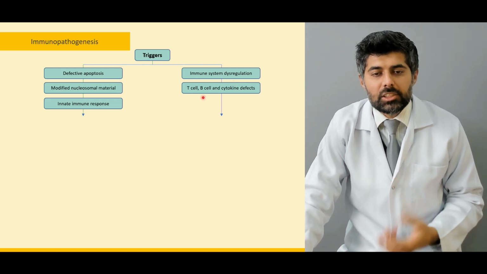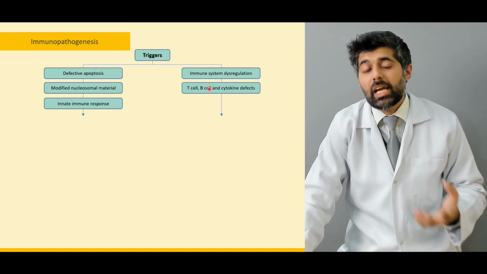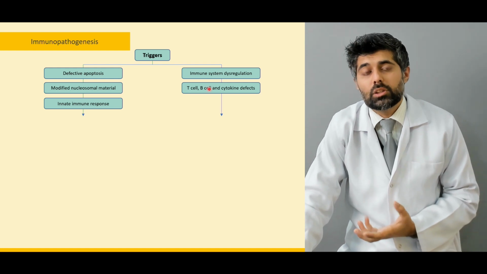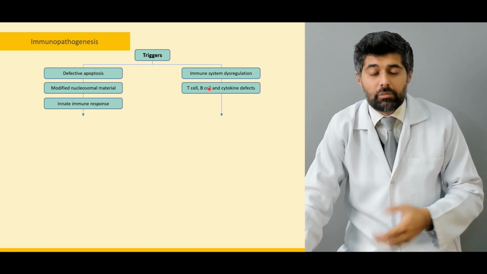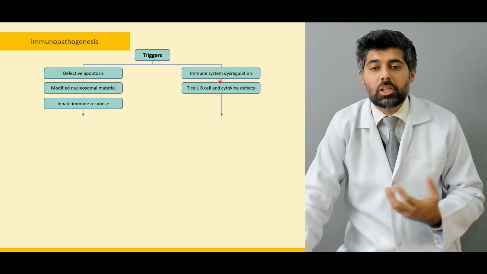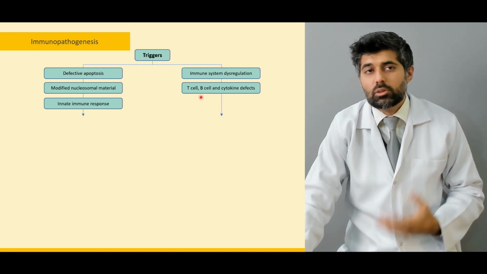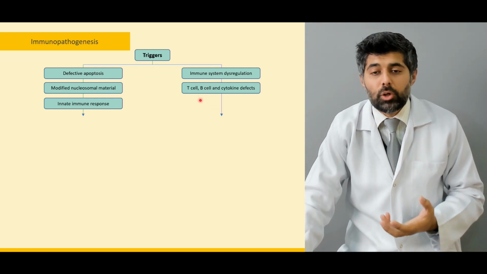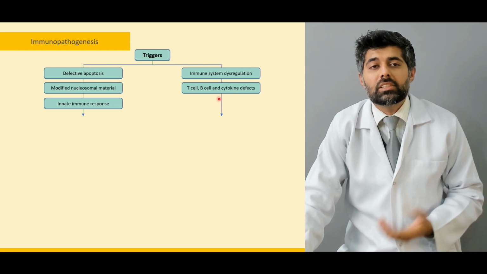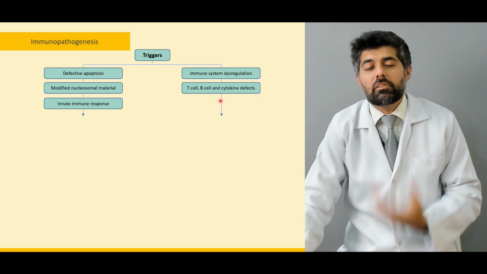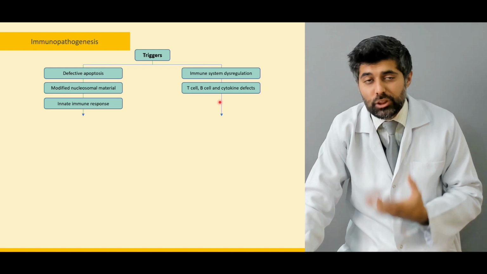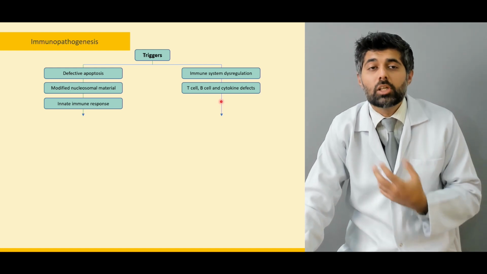The T cells, both the CD8 and the CD4 version, start to show dysregulation. The B cells start to form auto antibodies, and there is a sustained and defective release of cytokines along with chemokines.